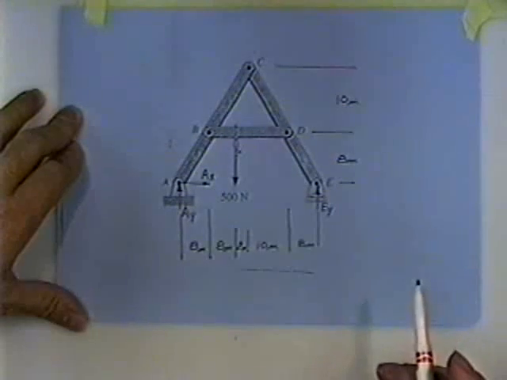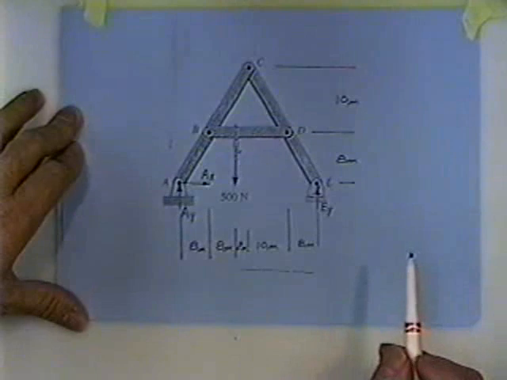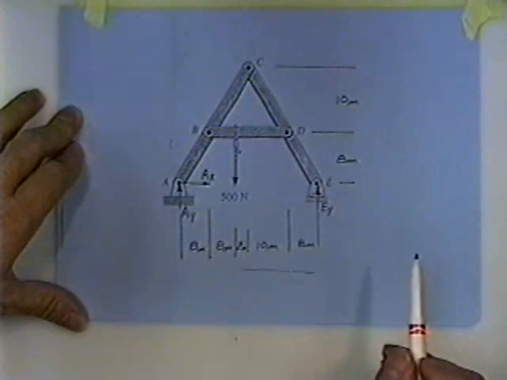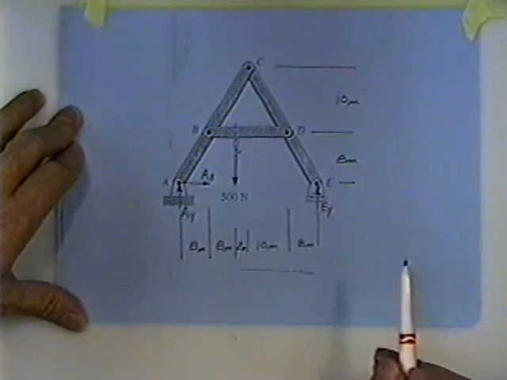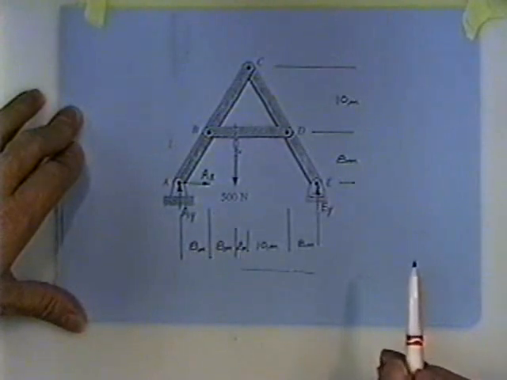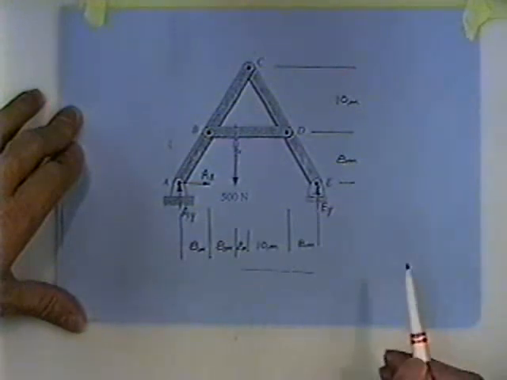Frames work very similar to truss. The only difference is their members have bending inside of them. Truss members have no bending. They are pinned at both ends and loads are applied only at the ends, and therefore their forces run right down the axis of the members.